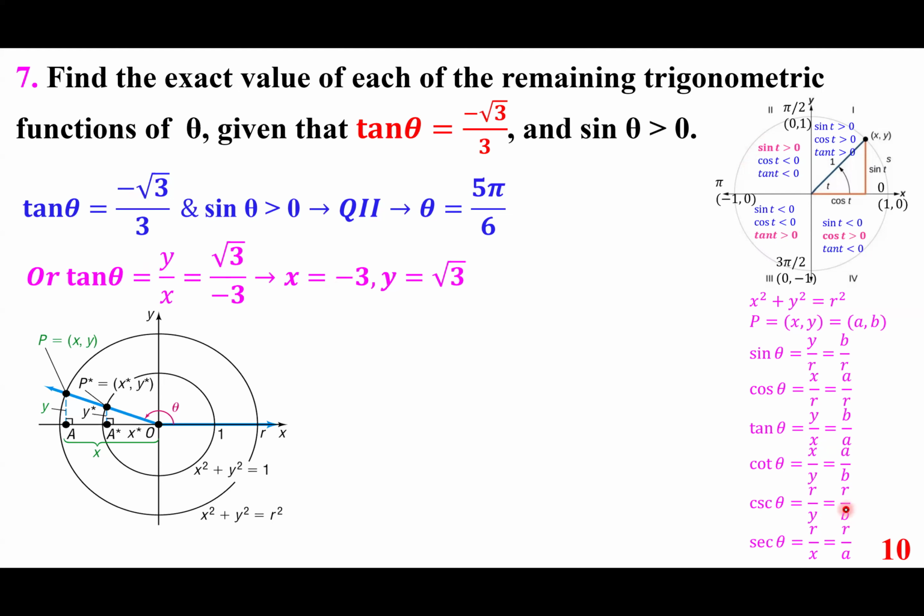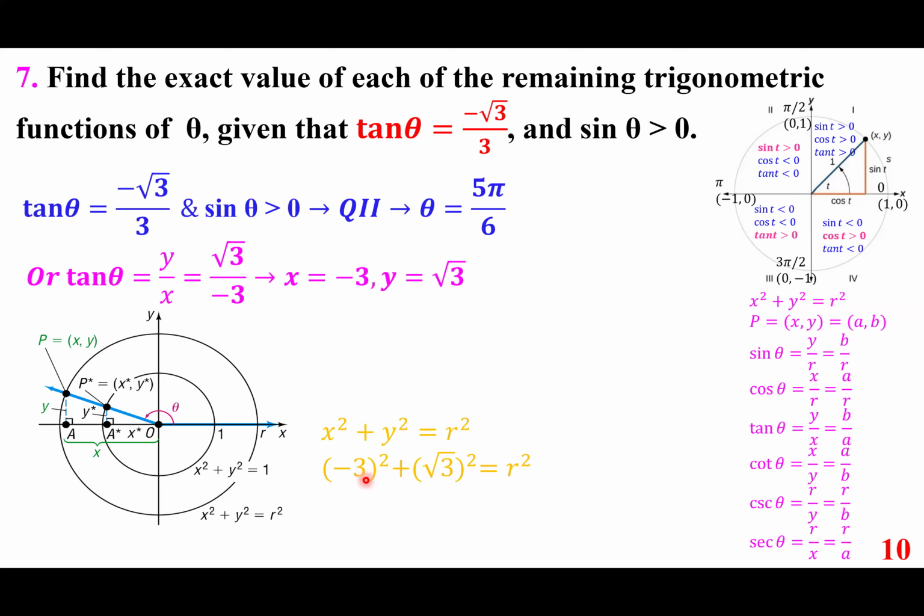For example, if you want to go with sine theta is y over r, what is r? x squared plus y squared equals r squared. So square this one, add them up.